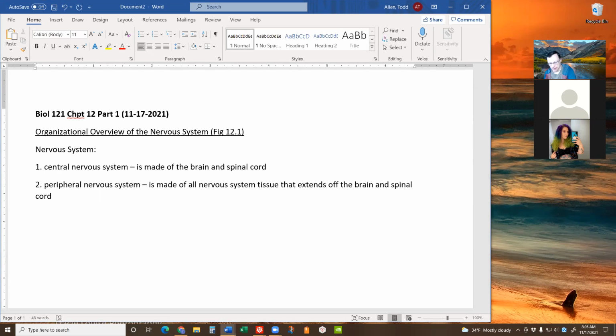Okay. All right. So as we continue our conversation, I'm going to try to organize things in nice, petite little pockets of information for you. The peripheral nervous system, as you can see from figure 12.1, is itself broken down into the sensory division and the motor division. So let's talk about those.